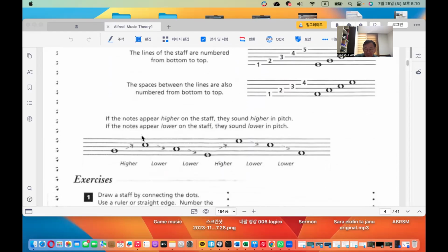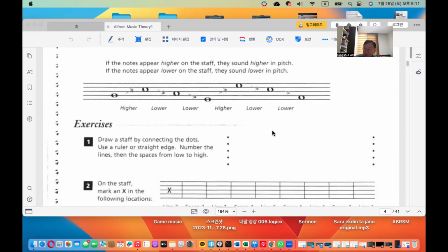If the notes appear higher on the staff, like this, they sound higher in pitch. But if the musical notes appear lower on the staff, they sound lower in pitch.